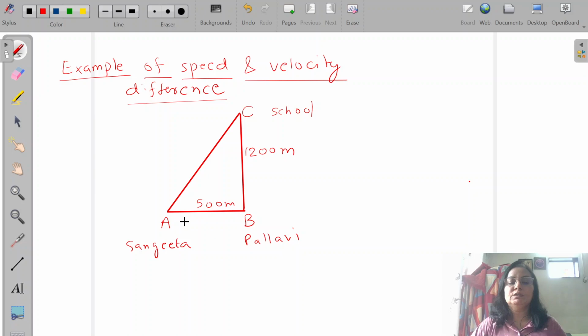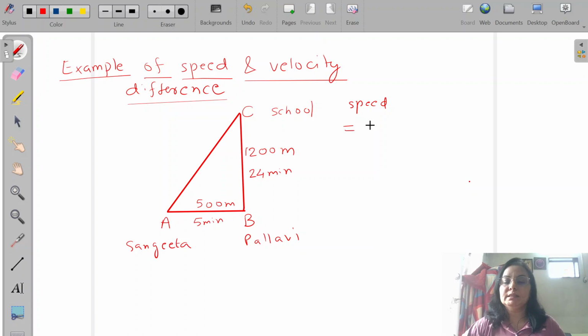She covers a distance of her home to Pallavi's home in 5 minutes. And here she takes 24 minutes to reach school from Pallavi's house. Now what is speed here? What is the speed of Sangeeta?